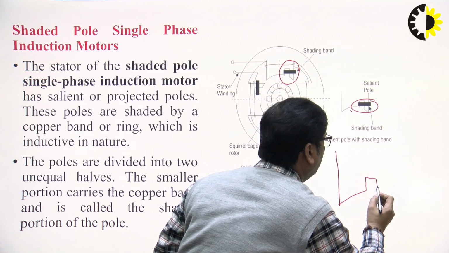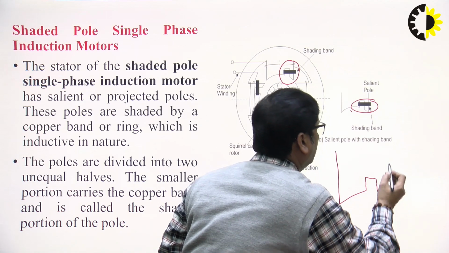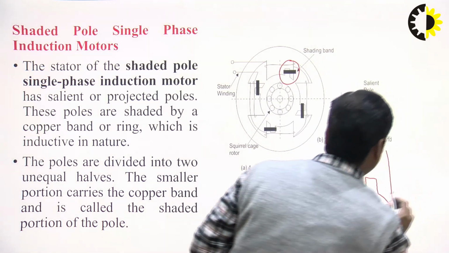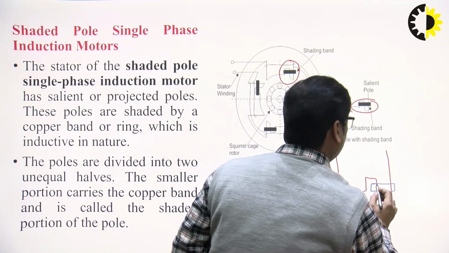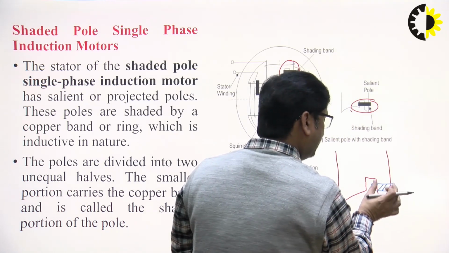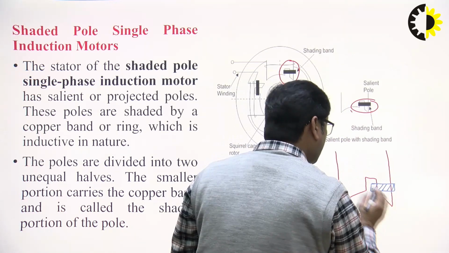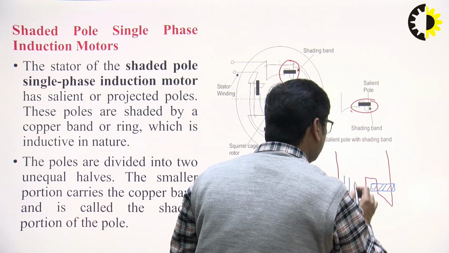Let me draw it here. If this band is there, this shaded part will oppose the flux flowing through this side. It means the strong flux will flow in this direction.